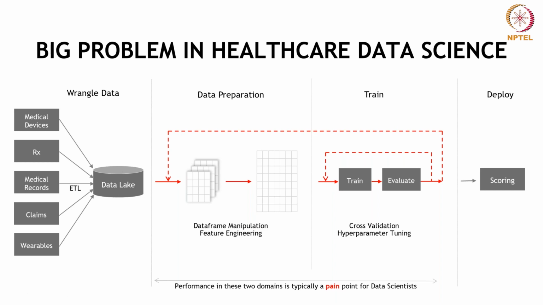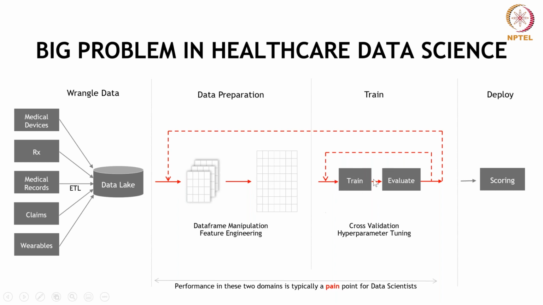Once the data is in the data lake, you need to prepare the data for training. So you would do feature engineering, and also you would try to do some in the form of data frames. You would manipulate the data, like you will maybe consolidate some of the columns. You may average some of the columns. So there are different sets of feature engineering and manipulation that will be done. Finally, it is provided to your training.